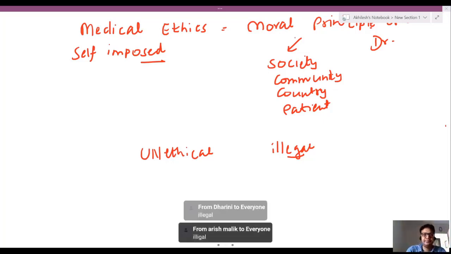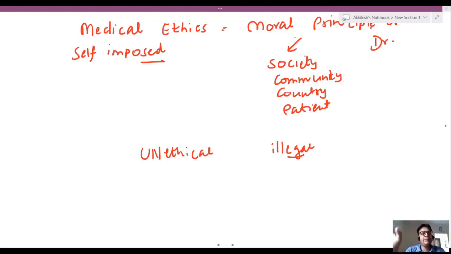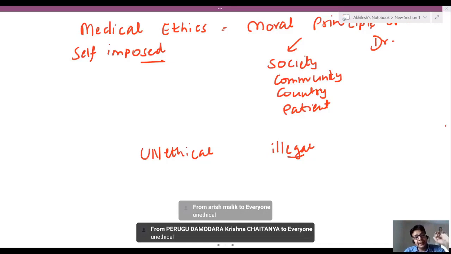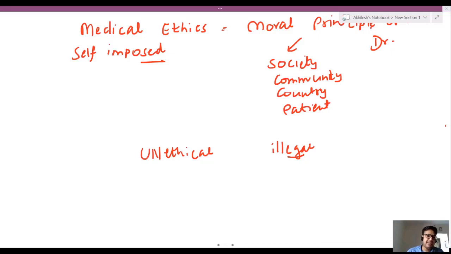It is illegal. Repetition of advertisement, every day you are repeating your advertisement, saying take my service, take my service. Is it illegal or unethical? Yes, it is unethical. Repetitive advertisement is unethical and wrong advertisement is illegal. For illegal acts you get punishment, but for unethical things you can get a warning. This is the basic difference between unethical and illegal.